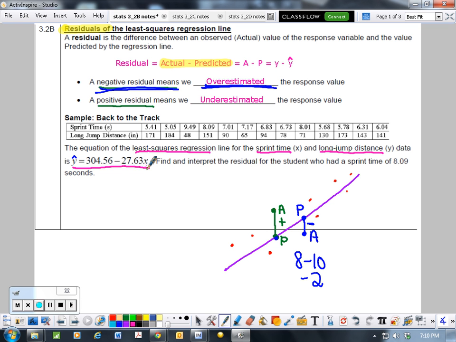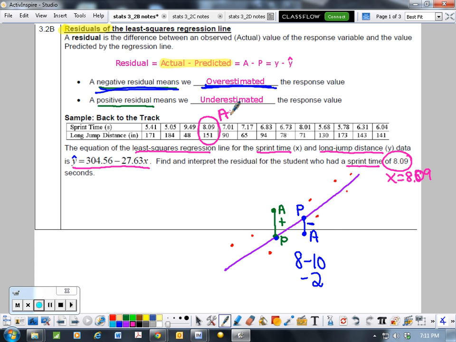They want us to find and interpret the residual for a sprint time of 8.09. Sprint time was our x, so I'm looking at x equals 8.09. The first thing I want to do is figure out what the actual value is. So let's see if we have a sprint time of 8.09. This is our actual value.